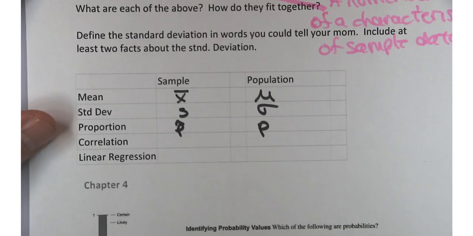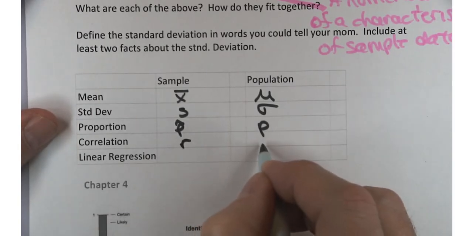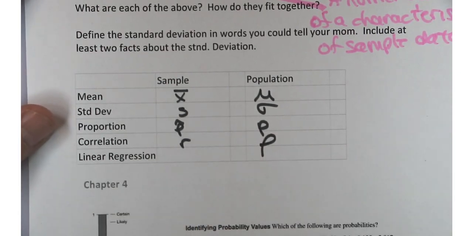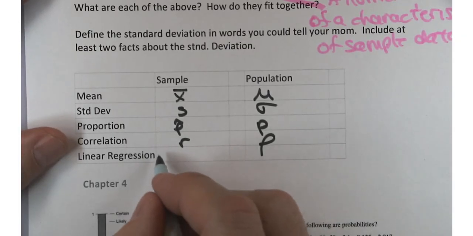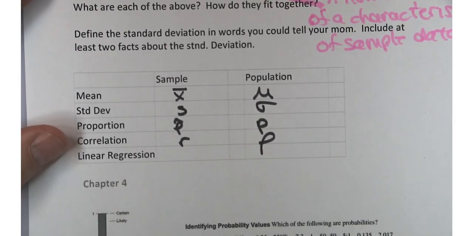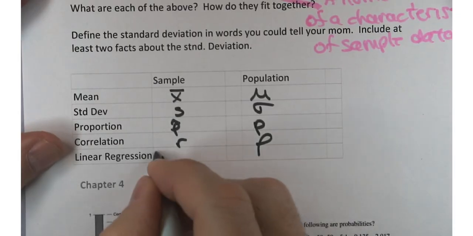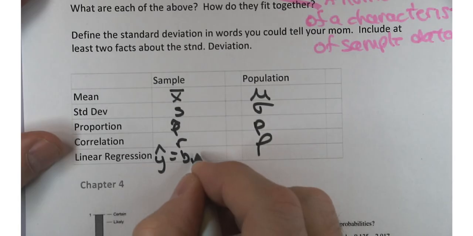Correlation. Savannah? R. Rho. Yeah, well done. And the last one, Nicole? Linear regression? Can I phone a friend? Ashley, some help? Y hat equals, is it B0x plus B1, or is it B1x?